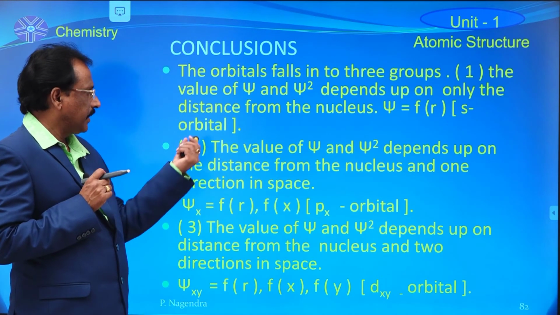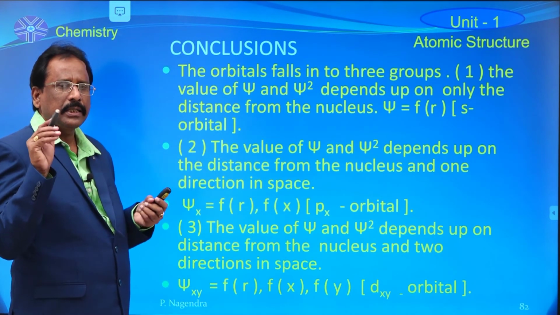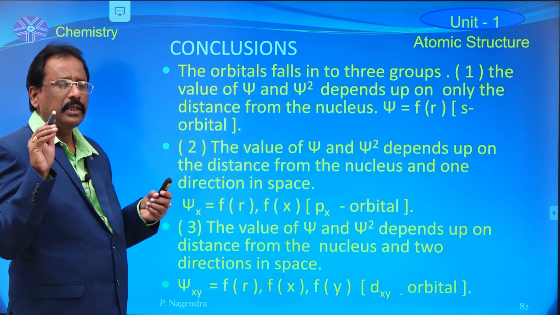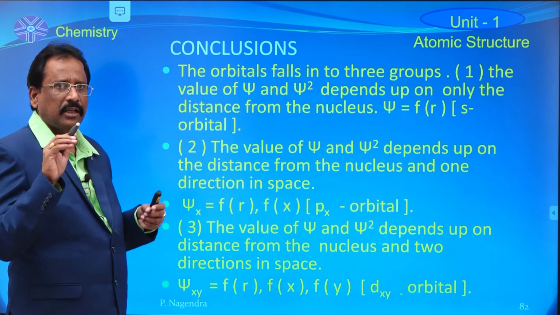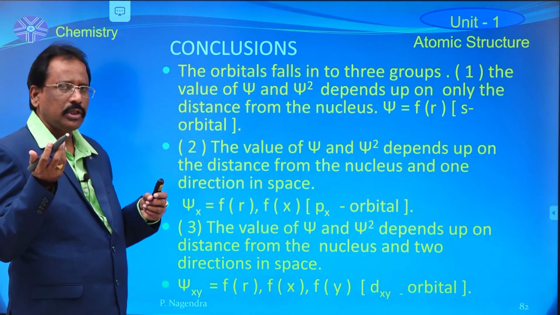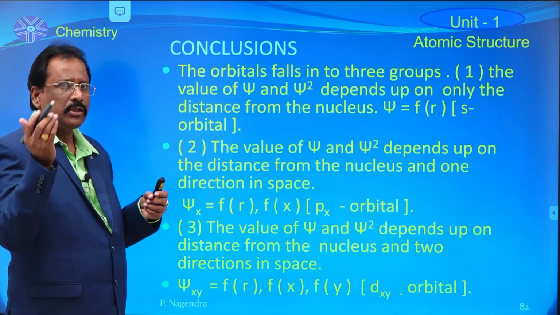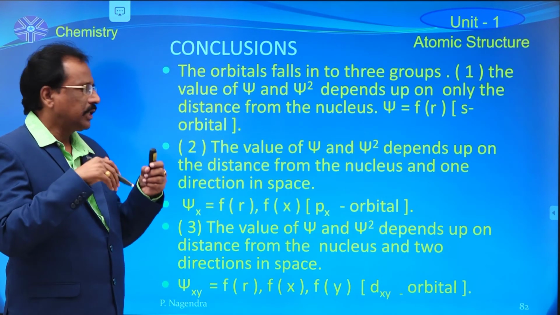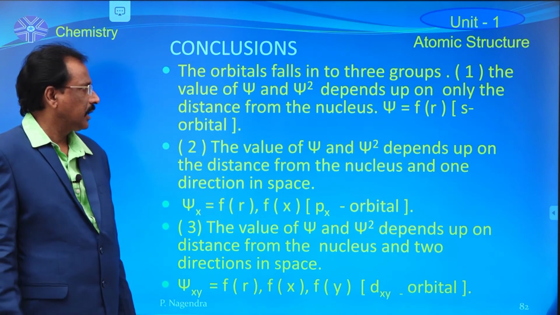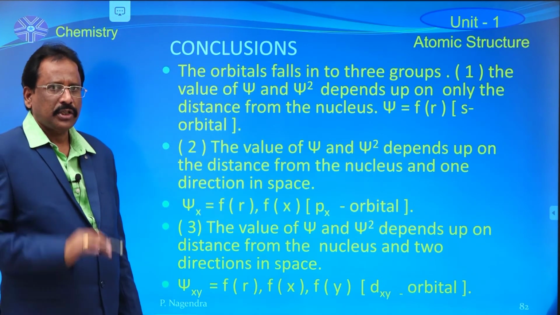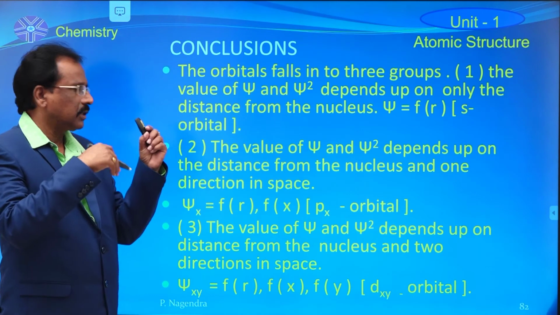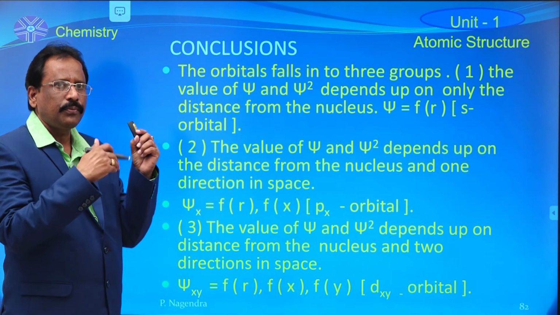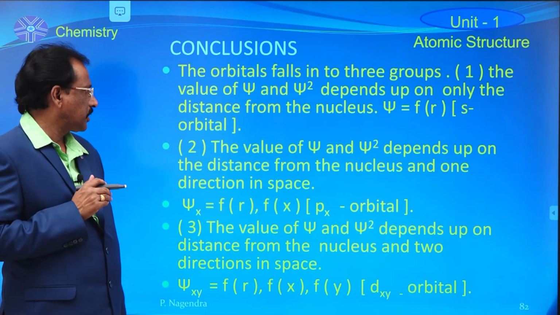That means s orbital is non-directional in nature, because for s orbital l is equal to 0 and m is also equal to 0. So, its shape is spherically symmetrical, it has no direction. S electron density is distributed uniformly throughout the spherical shape.